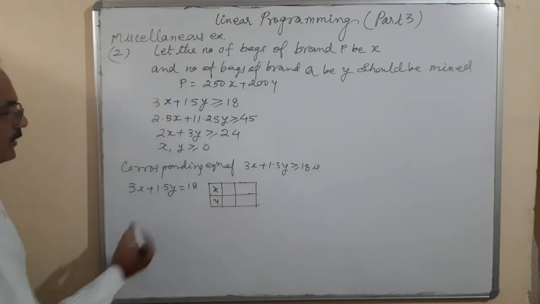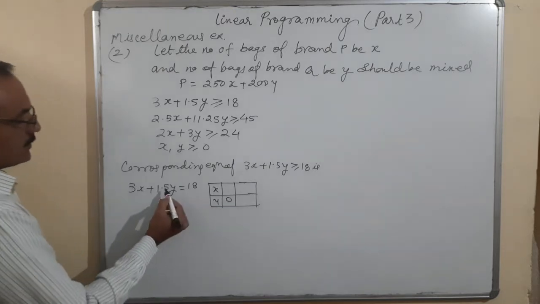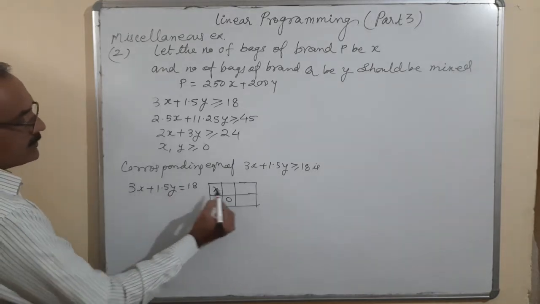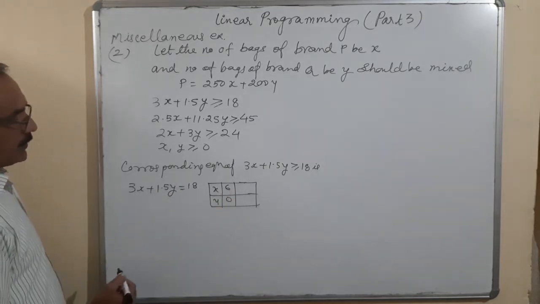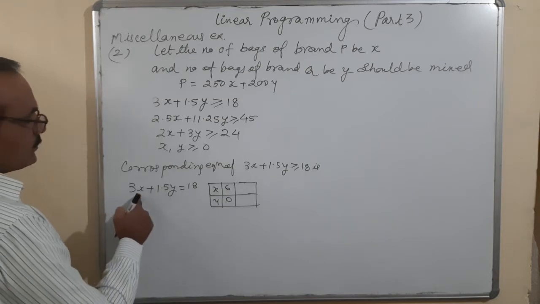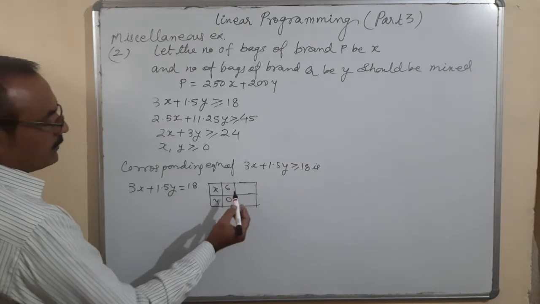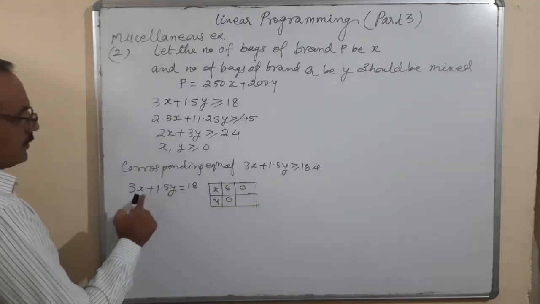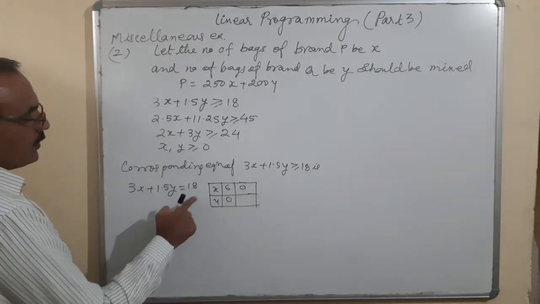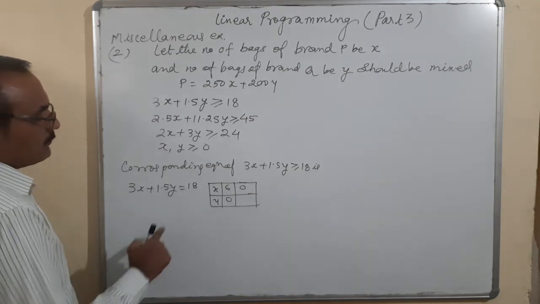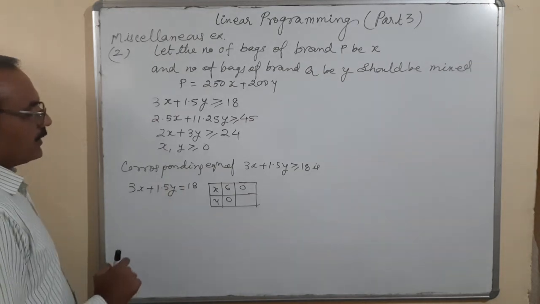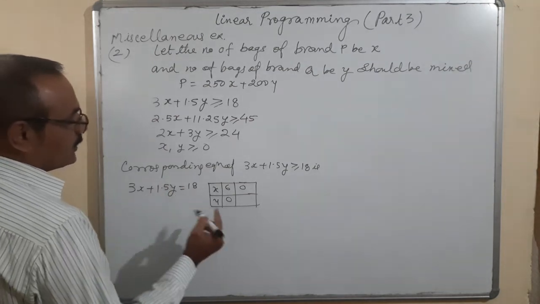When I put y equal to 0, 3x equals 18, x equals 6. When I put x equal to 0, then y equals 18 upon 1.5, so 180 upon 15, which is 12.